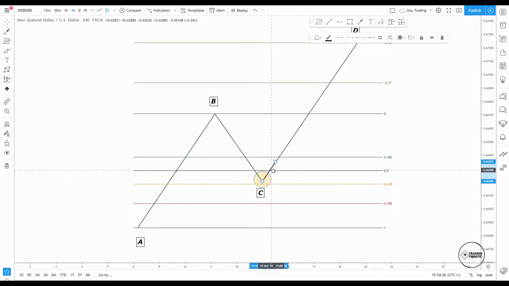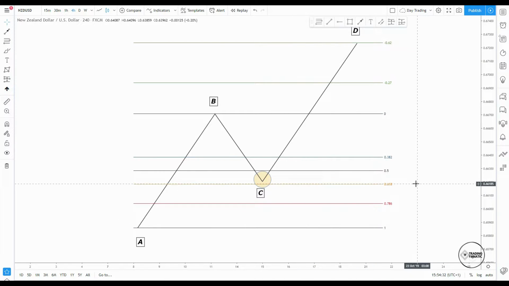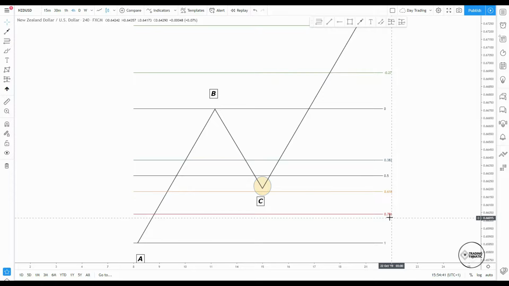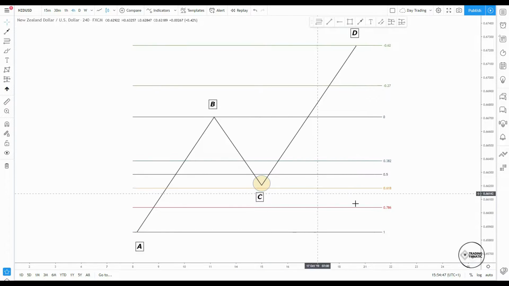However, not every occasion price action likes to pull back down to the 61.8%, which is considered to be the golden Fibonacci level. You can see my color here is orange, and the 78.6 is like the maximum one. So personally, a rule of mine is if price action breaks below the 78.6, I do not look for buys on this occasion.